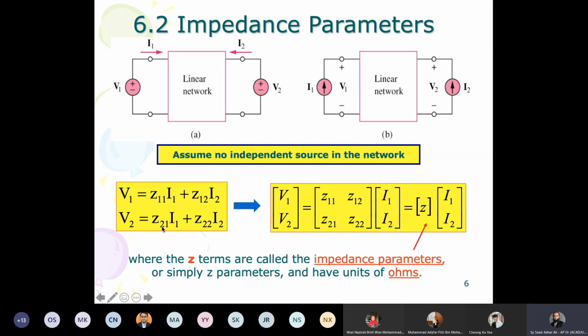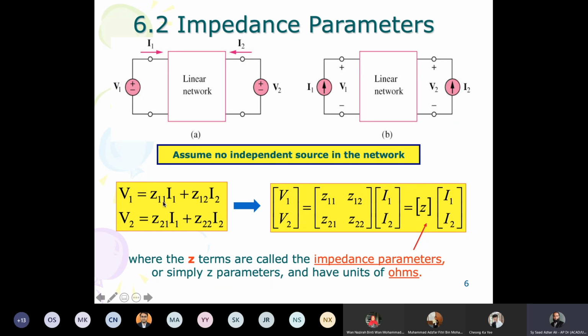Each of these impedances, Z11, Z12, Z21, Z22: the first suffix is related to the voltage, or the input, and the second suffix is about the current, not the output, but the current. So basically, this is Ohm's law for V1 and I1.